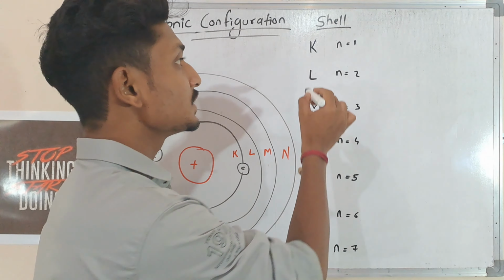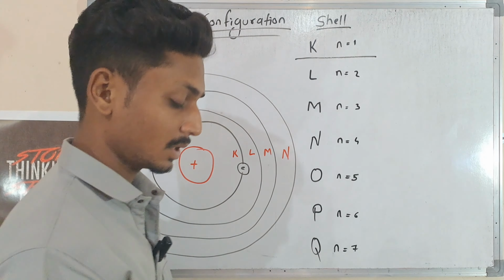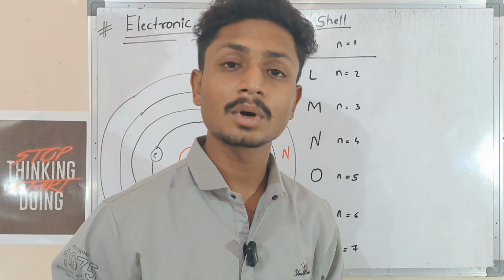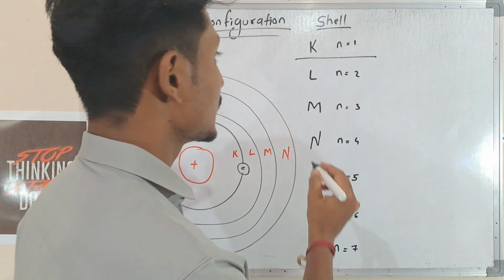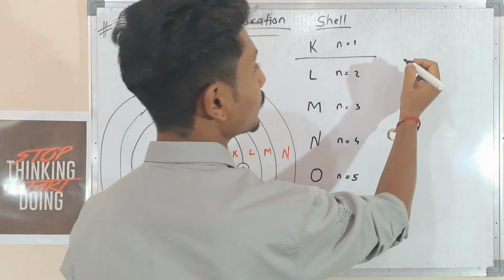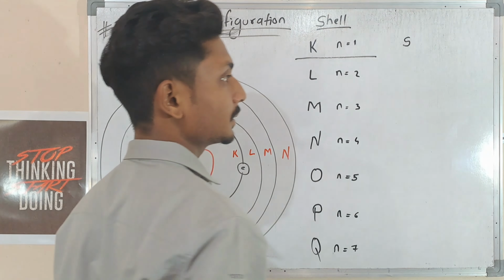Then every shell contains a specific number of subshells. K shell contains only one subshell.